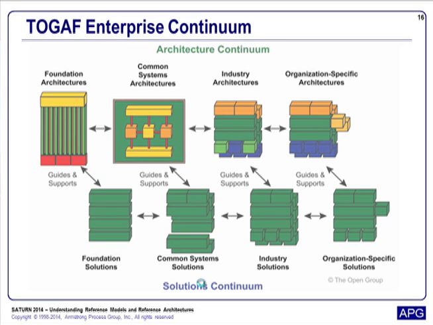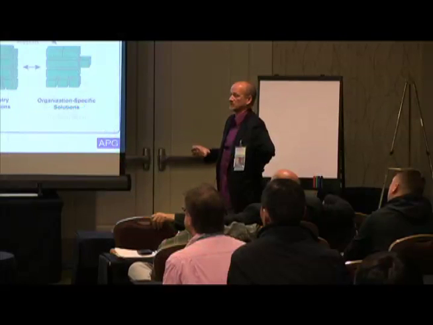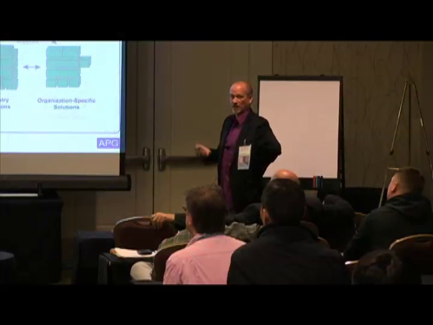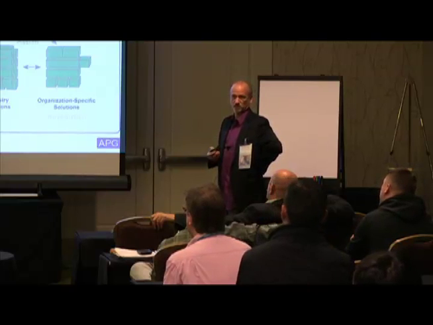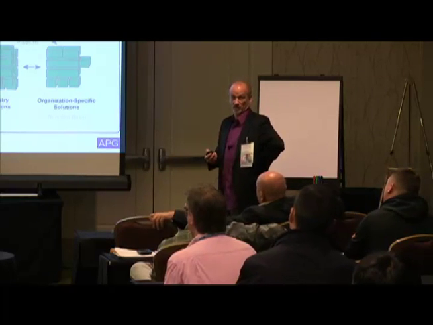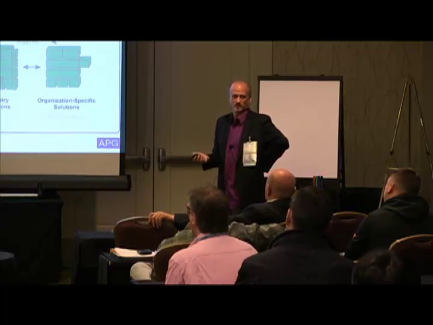Correspondingly, the architecture continuum is supported by the solutions continuum. The differentiation here is that one of the key characteristics of an architecture building block is that it describes how it's aligned with a standard or a specification. As you might not be surprised, an architecture building block by itself doesn't do anything.